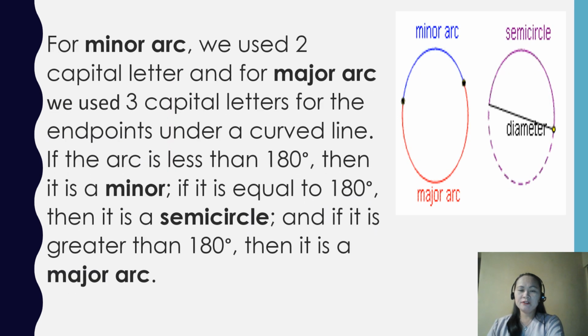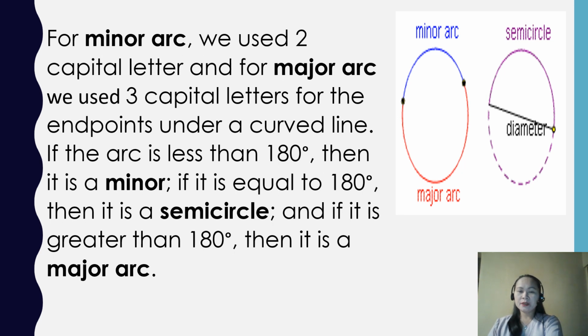Here we have minor arc. For a minor arc, we use two capital letters, and for a major arc, we usually use three capital letters for the endpoints under a curved line. If the arc is less than 180 degrees, then that is a minor arc. If it is equal to 180 degrees, then that is a semicircle.